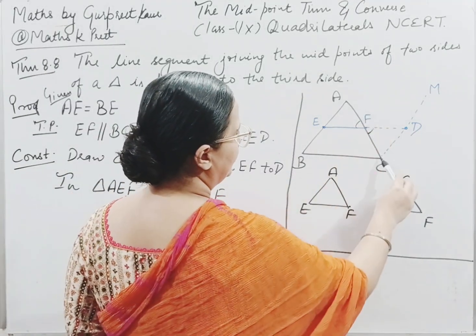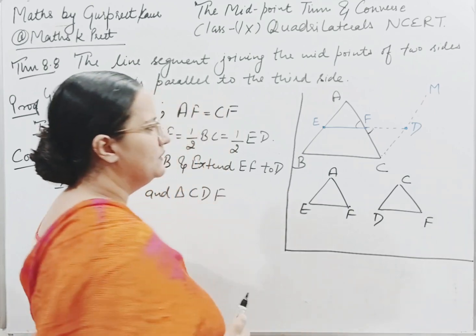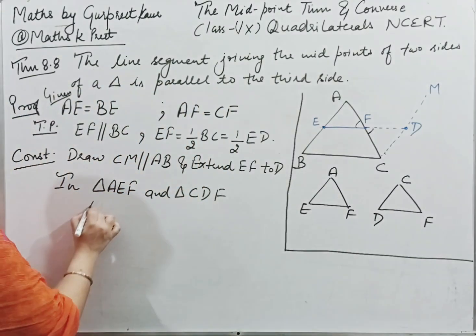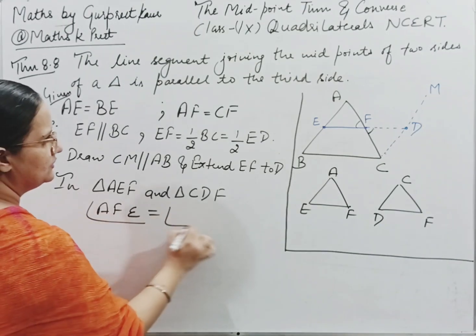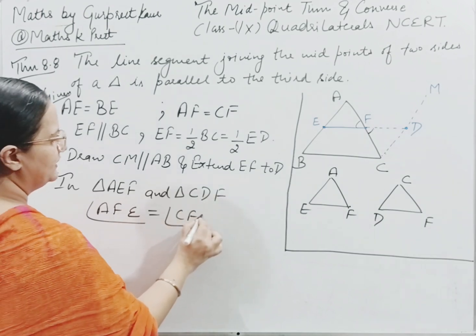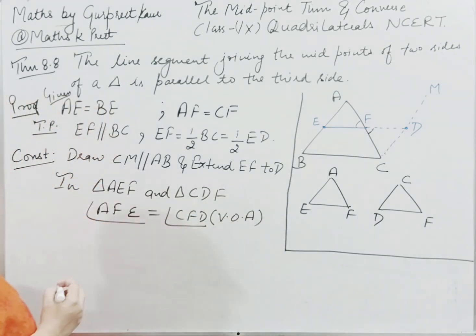We can also write that this is forming a Z, so this pair, angle A and C, will be equal through the alternate pair of angles. Let me write. So angle AFE will be equal to angle CFD. What is the reason? Vertically opposite angles. Please write complete.